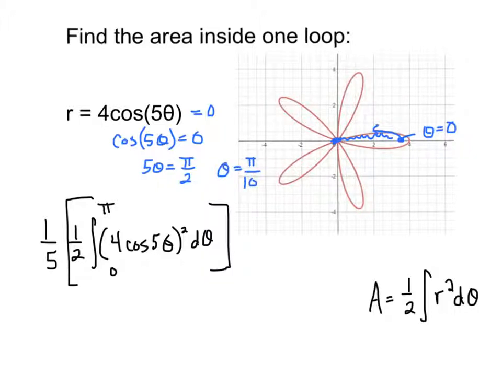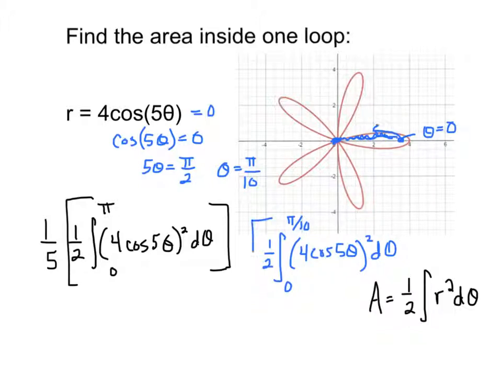And you'd have 1/2 the integral of (4 cosine 5 theta) squared d theta, going from 0 to pi over 10. Like I said, it's shaded up here, and that would give you that blue part. You could just double this, and that would give you the answer as well.